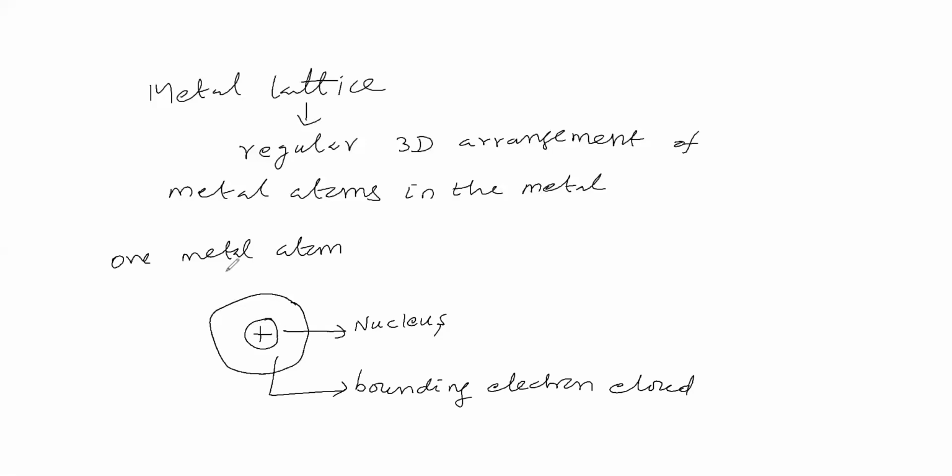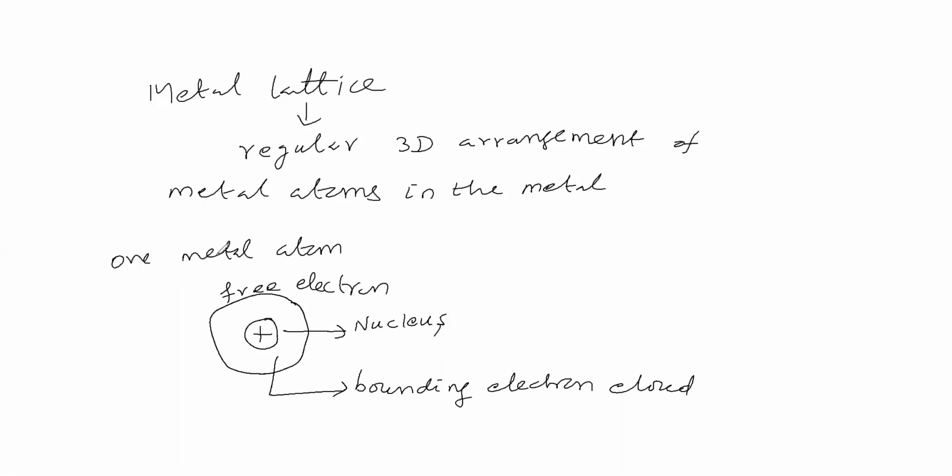Then this metal atom will have a free electron. This free electron will not be present only in this metal atom. It will move from this metal atom to the neighboring metal atom and to other places like this.